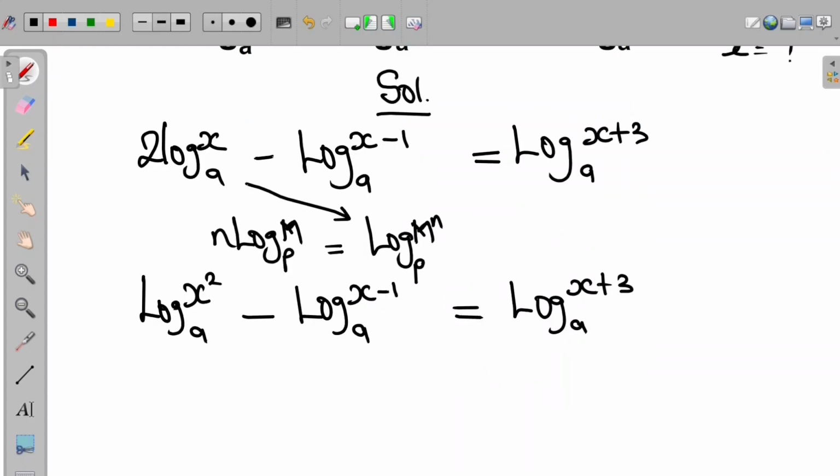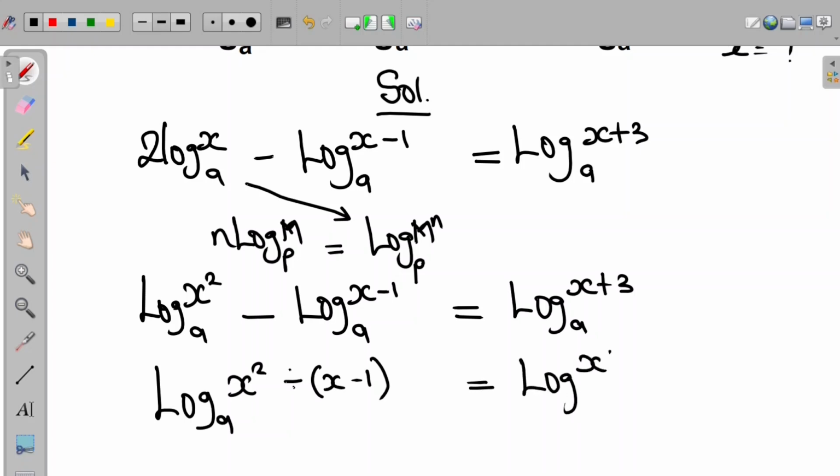Now at this point, we can apply the subtraction law of logarithm, and the expression at the left hand side becomes log in base a x squared divided by x minus 1. Everything is equal to log x plus 3 in base a.